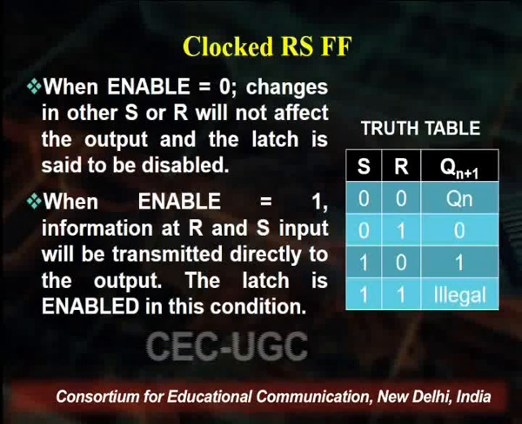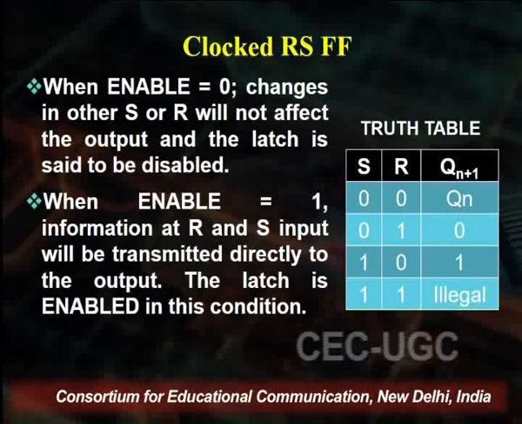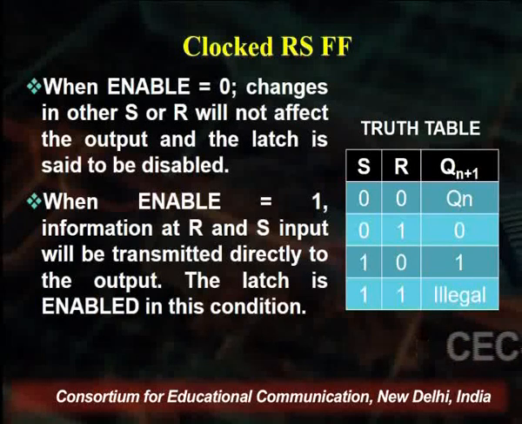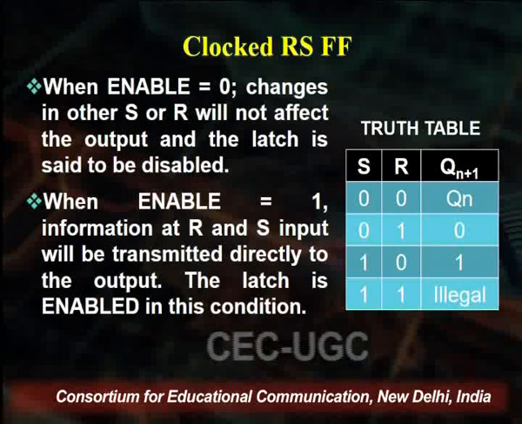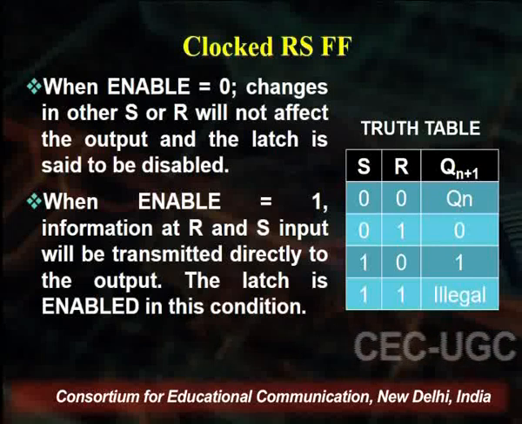The same thing happens when we have the clock as enable. Till the time enable is 0, nothing changes. The last state is always retained by the flip-flop, and the moment enable goes 1, the information at R and S inputs is transmitted directly to the output.